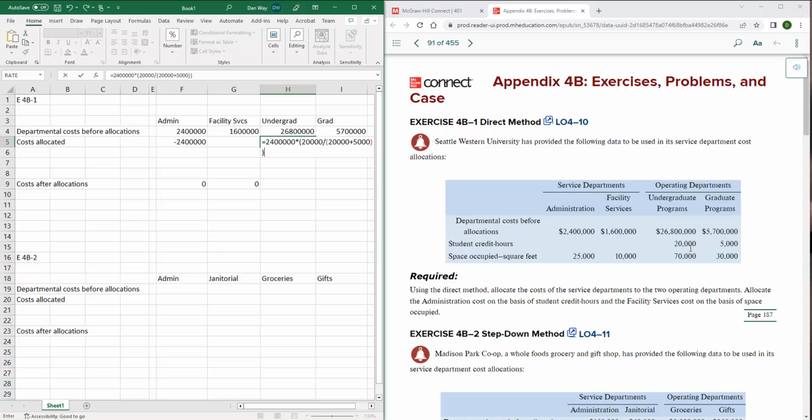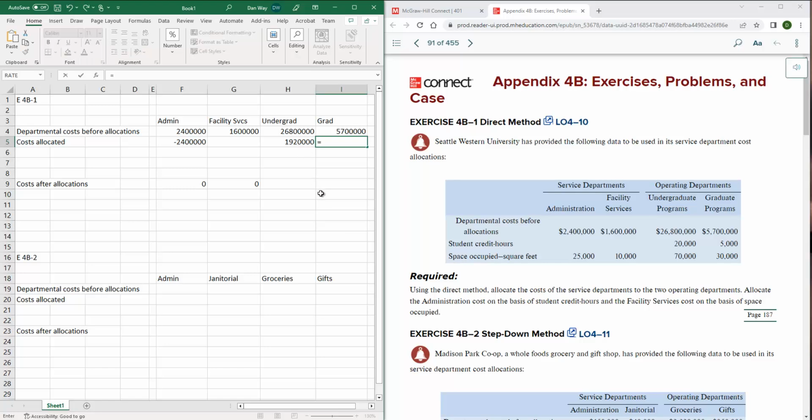So 20,000 in undergrad plus the 5,000 in grad. In other words, the undergrad programs used 20,000 of the 25,000 total credit hours across both those operating departments. So there's my allocation to the undergrad programs, $1,920,000.